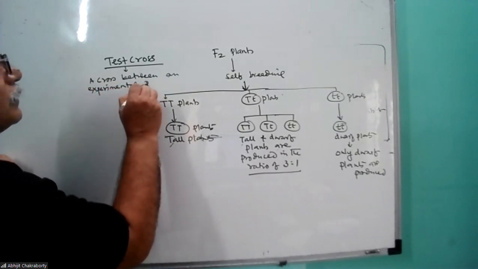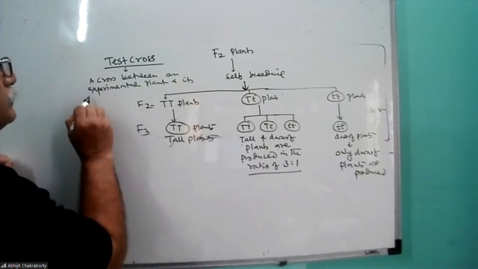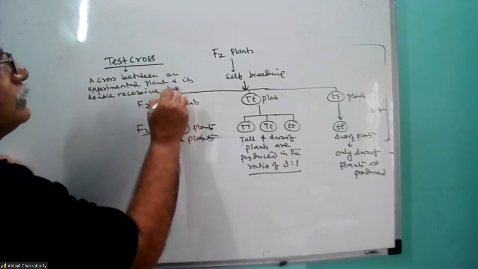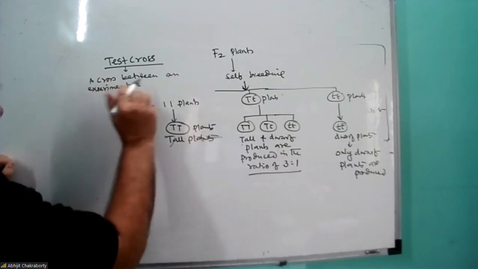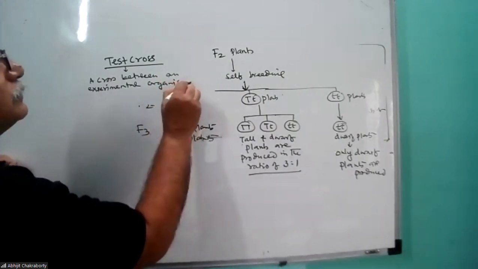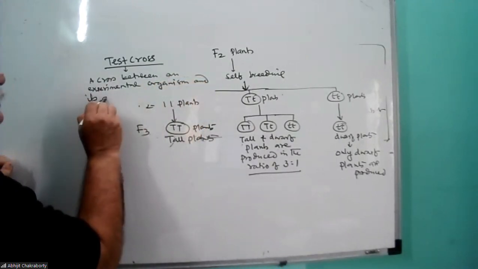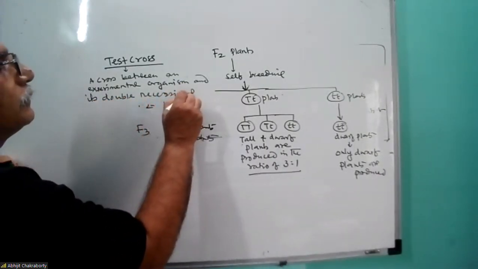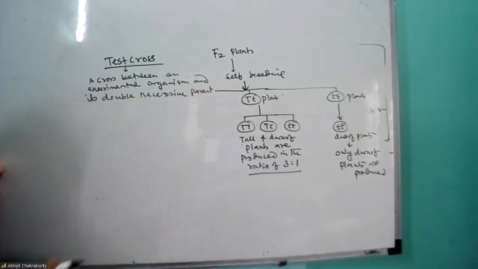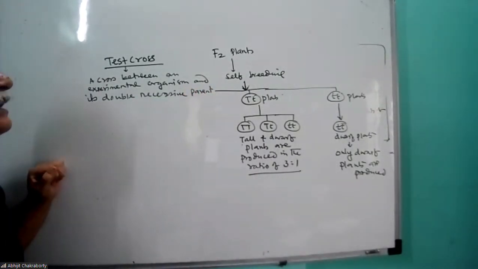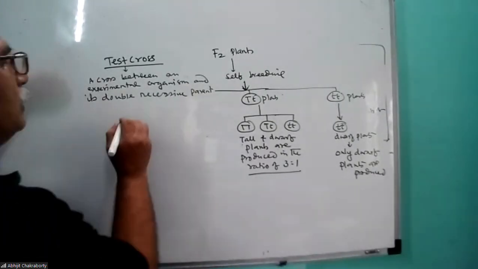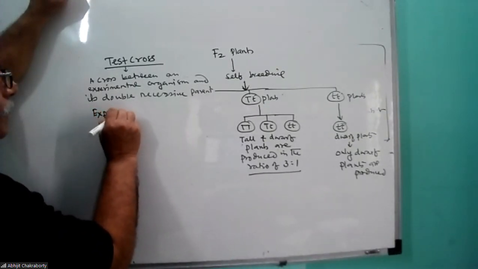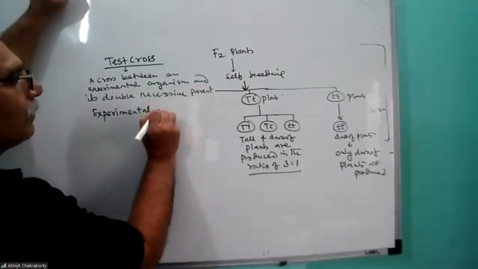A cross between an experimental organism and its double recessive parent is called the test cross. So, the experimental organism.